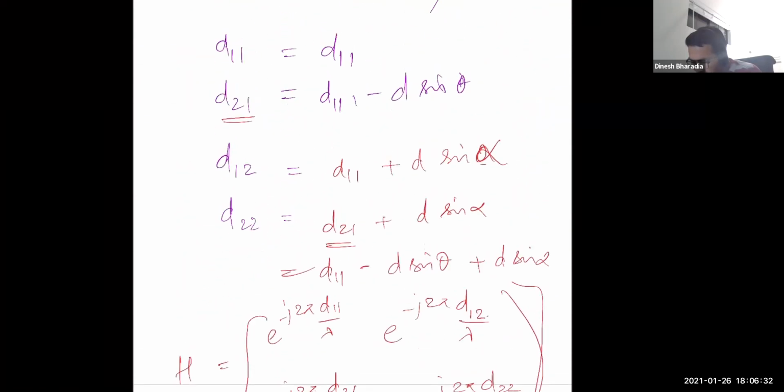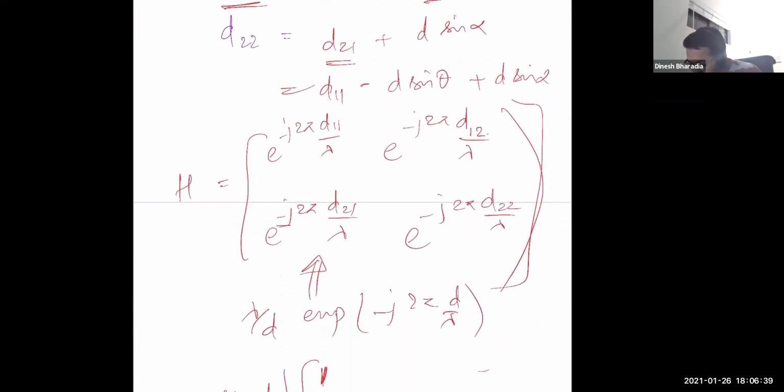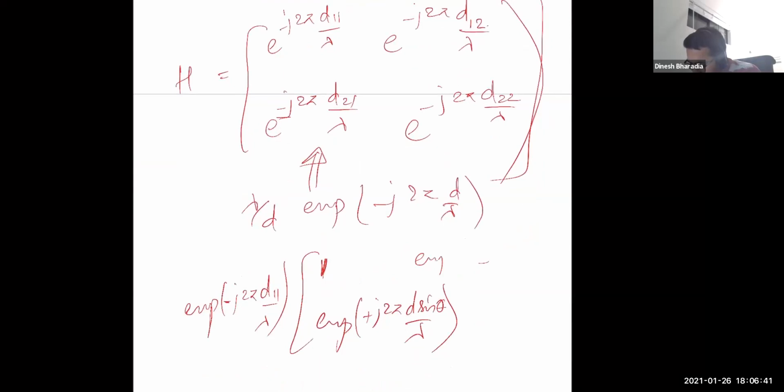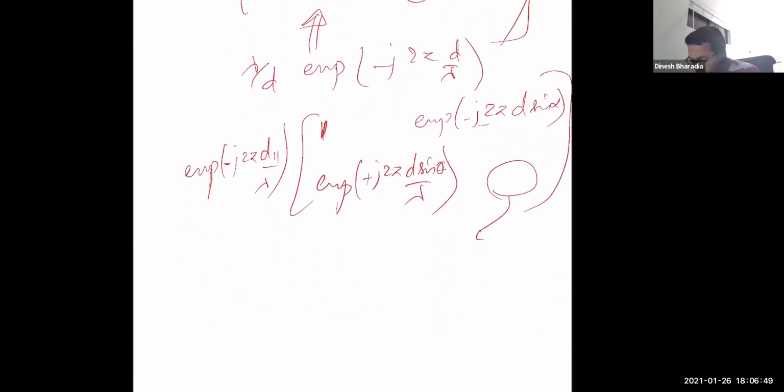Now let's see d12. d12 is this, which is d sine alpha, positive, right? So which is now negative: exponent of minus j2 pi d sine alpha. Everyone with me? And this term here is a little bit longer, so I'm going to write it here.